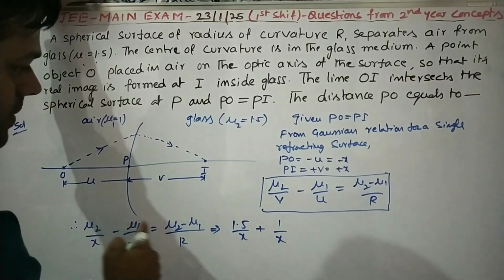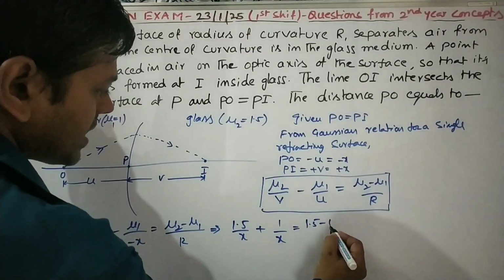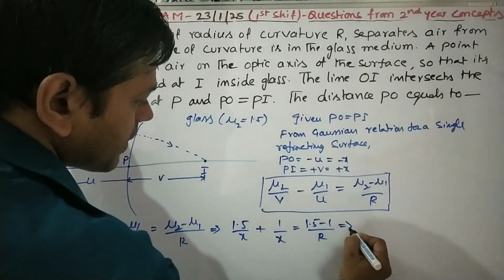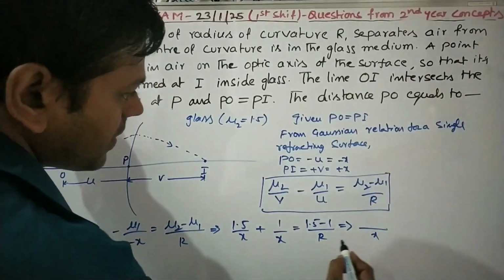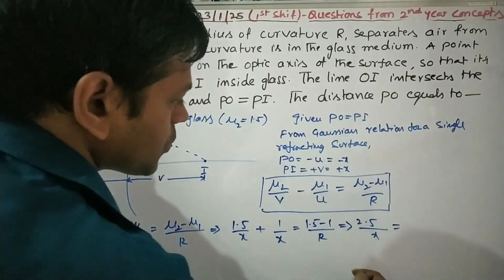That means 1.5 by x plus 1 by x is equal to 1.5 minus 1 by R. That implies you can take x as the LCM. Here 2.5 is equal to what?